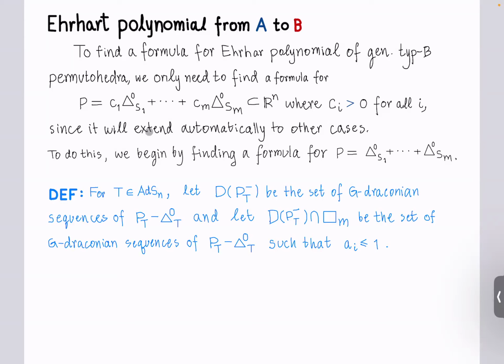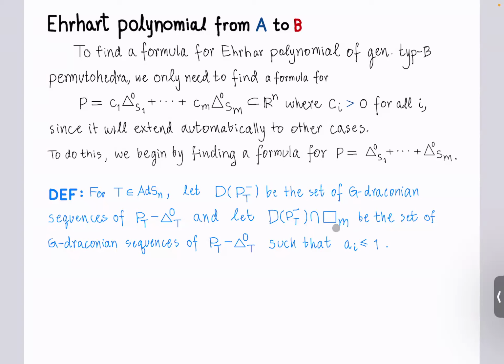Okay, let me give you a definition. For T, an admissible subset of size n, let D of PT, the trim one here, be the set of G draconian sequences of this trim of PT, which is PT minus delta T here, and then let the PT intersect with this Q, this MQ, be the set of G draconian sequences in here, such that all of the AI are less than or equal to 1.